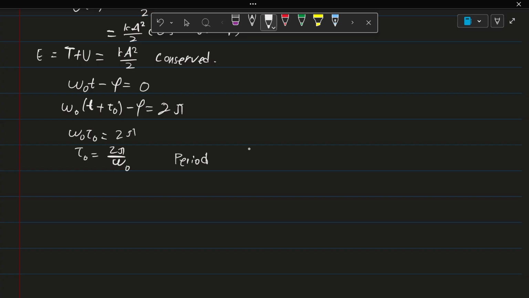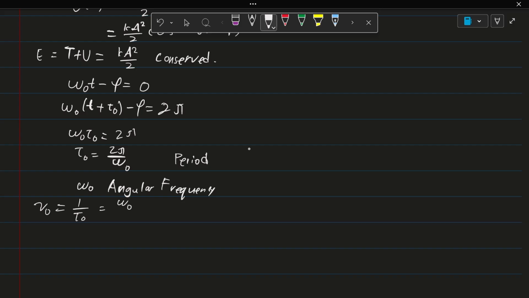And if you have already taken General Physics 1, you'd also notice what omega 0 actually is. Omega 0 in here is something which we call the angular frequency, which is the radians per second. And you could also try to flip the tau 0 to become 1 over tau 0, which is what we call the frequency.